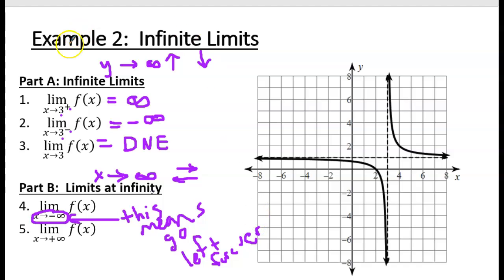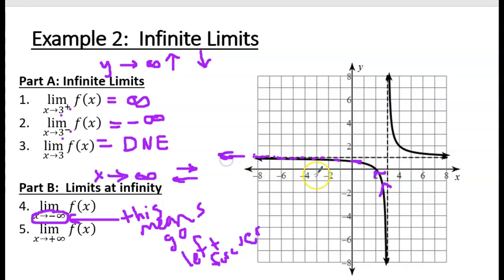So this means we're going to the left forever. So I'm going to start here. You could really start anywhere, but I'll start here. And I'm just going to start going to the left. Just follow my dots. Now as I go to the left, I'm just going to keep doing that. As I go to the left forever, it's never going to stop moving to the left.